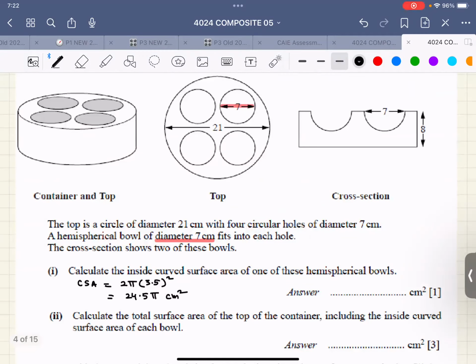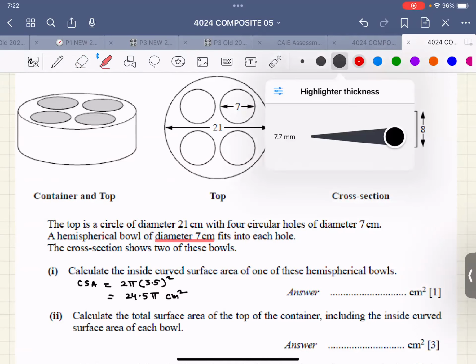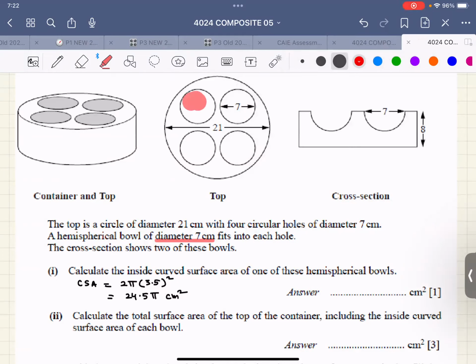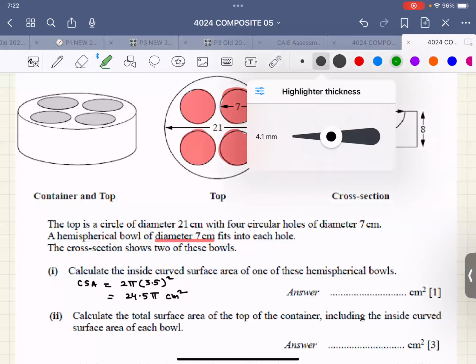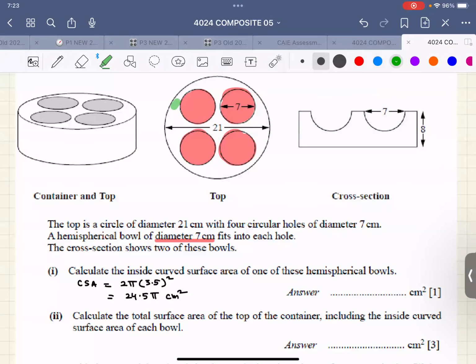Now, first of all, let me just erase this thing and let me label this thing. This one is this one hemisphere. That's the other hemisphere. Then this is the third hemisphere. This is the fourth hemisphere. Now, besides this, what else do I have? I have this area that's right over here.